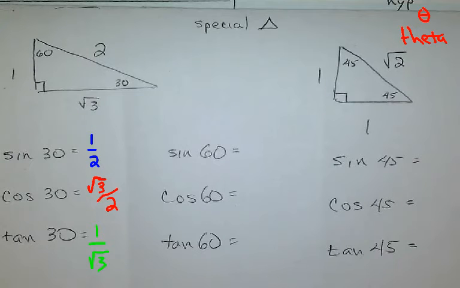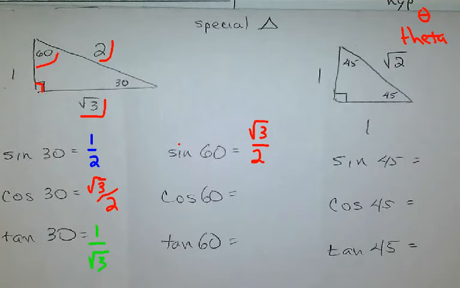Now then, these numbers are used anytime you measure an angle. So if I have an angle like this, if I'm now dealing with 60, and I want the sine of 60, well, the sine of 60 is the opposite over the hypotenuse, right? That would be this answer right here.